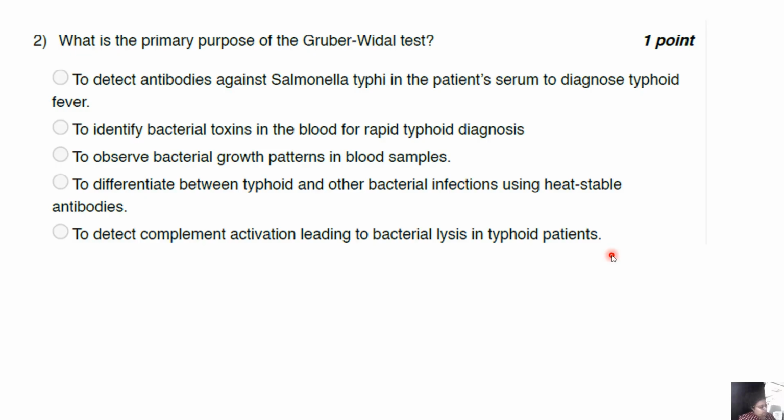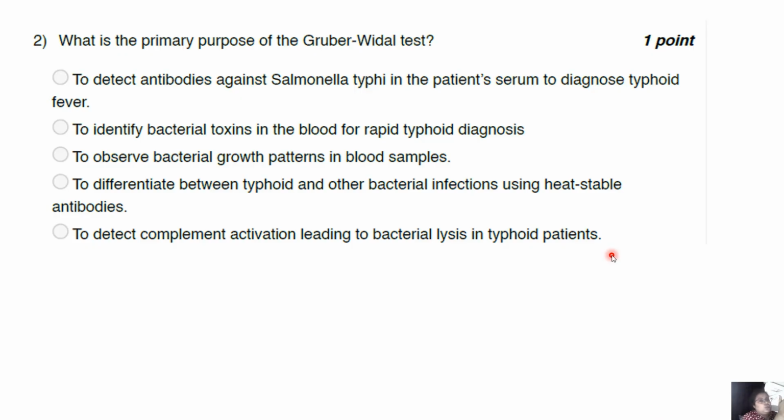The first question for today is, what is the primary purpose of the Gruber-Widal test? Option A, to detect antibodies against Salmonella typhi in the patient's serum to diagnose typhoid fever. Option B, to identify bacterial toxins in the blood for rapid typhoid diagnosis.